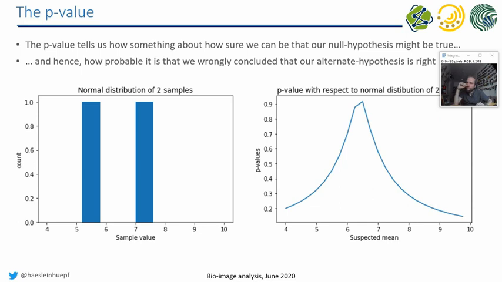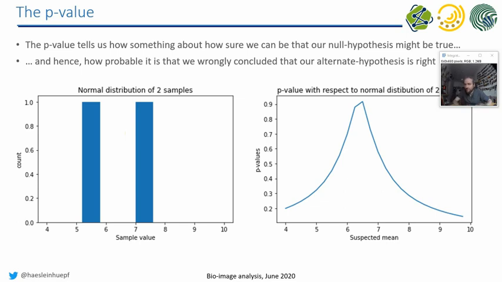And I want to know how the p-value depends on what mean I assume. So these two samples have a mean for sure, but we are not sure if this mean is related to the mean of the population where they come from.